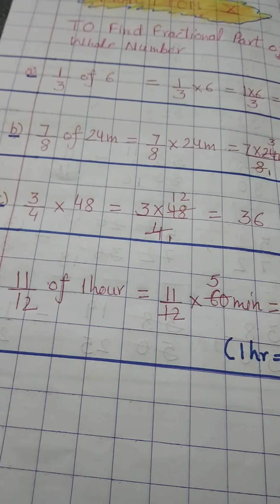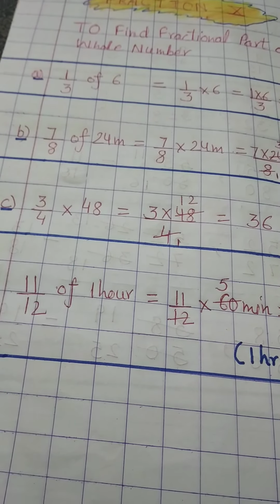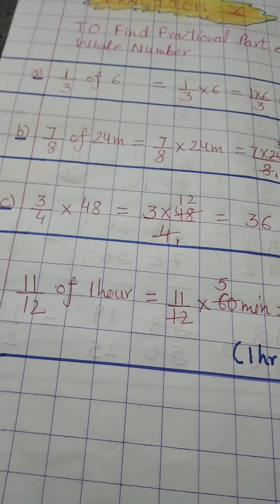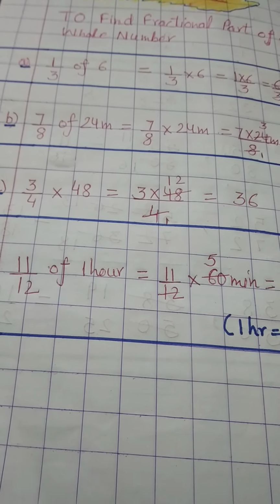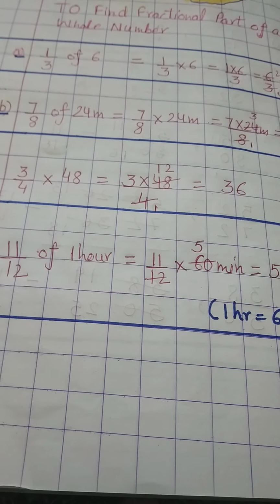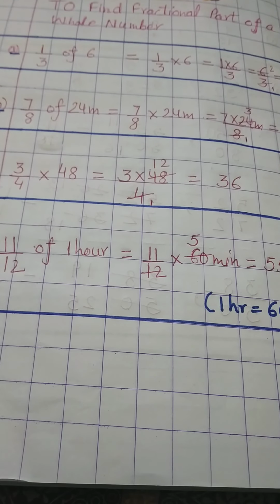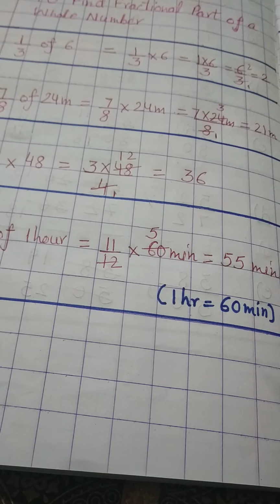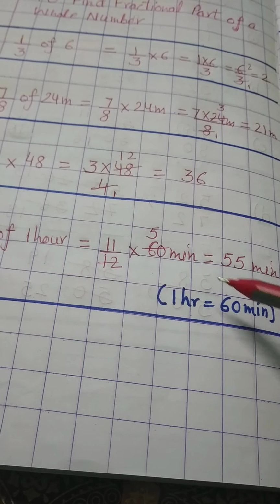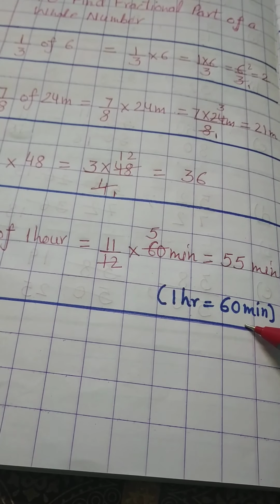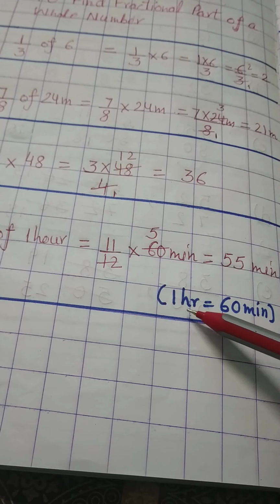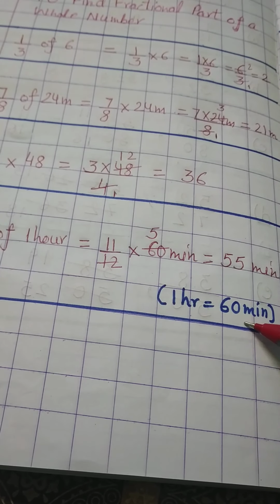11/12 of 1 hour. See, 1 hour. So we will change this 1 hour into its lower unit. The lower unit of hour is minute. So we will write 11/12 into 60 minute, because we know 1 hour equals 60 minute. Instead of 1 hour, we will change it into 60 minutes.